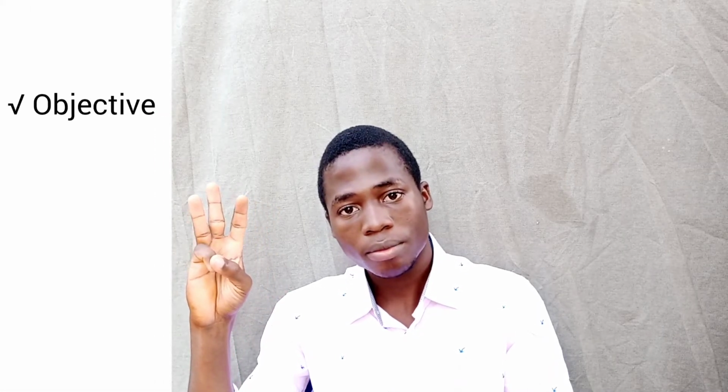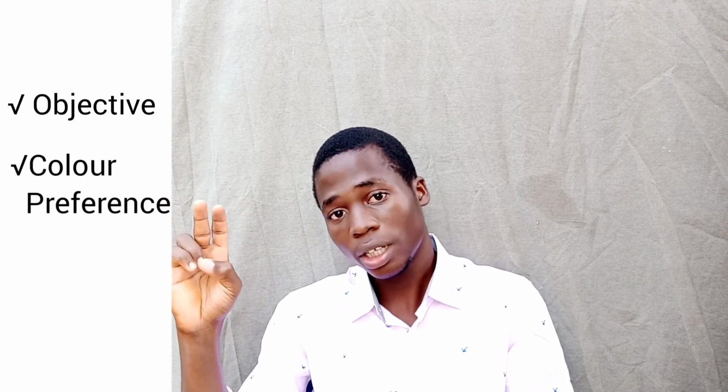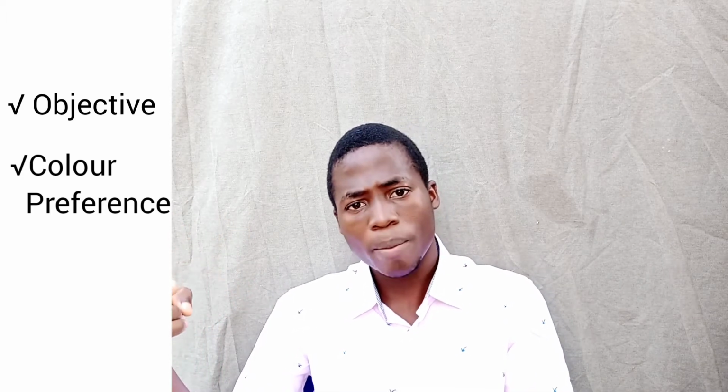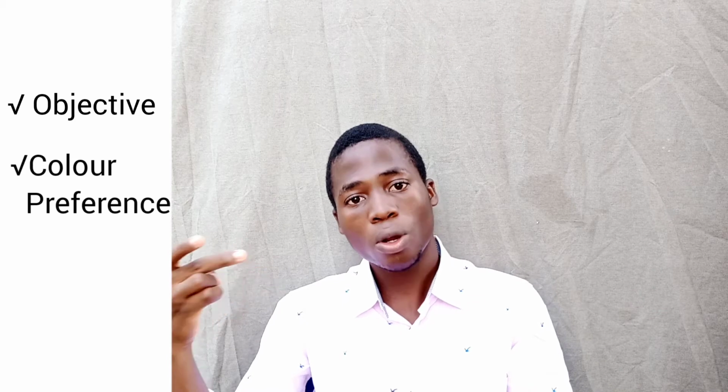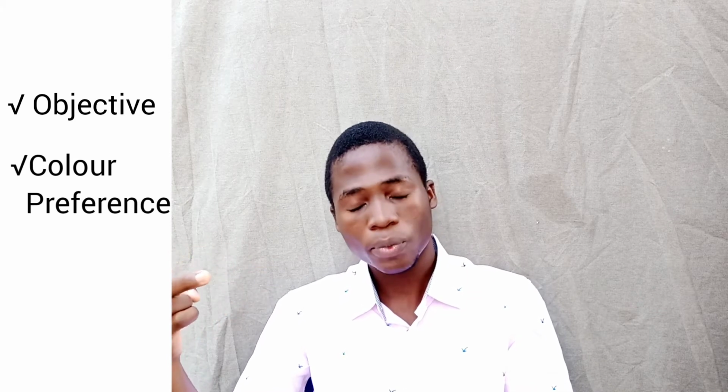Get everything. So there are basic things you need to get from your clients: the objective of the design, and to ask what the design is for. The color preference, if the company already has one. Maybe it's just a startup and it may ask you to come up with color for him.